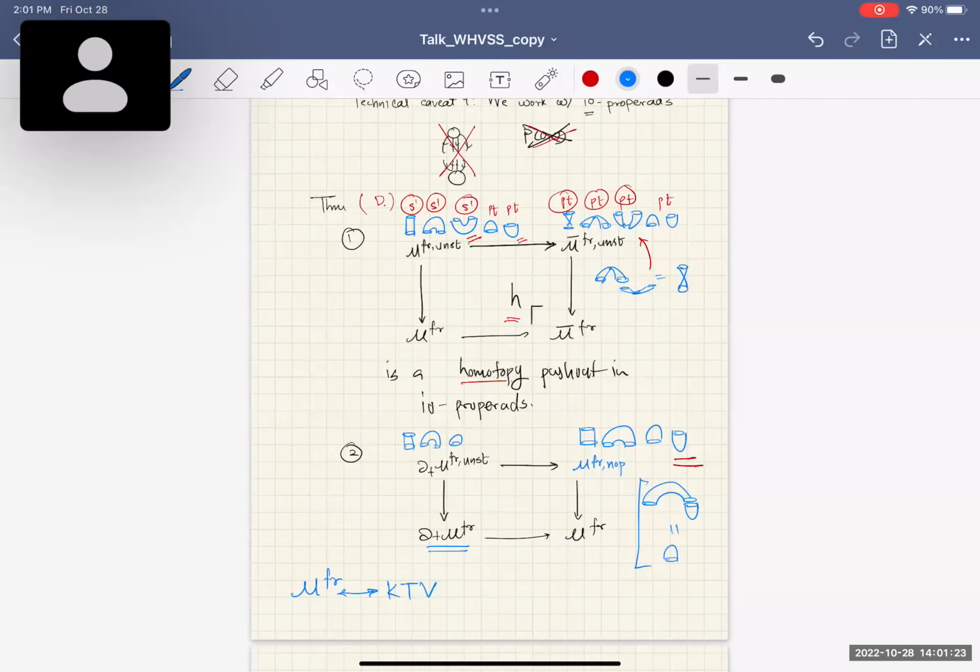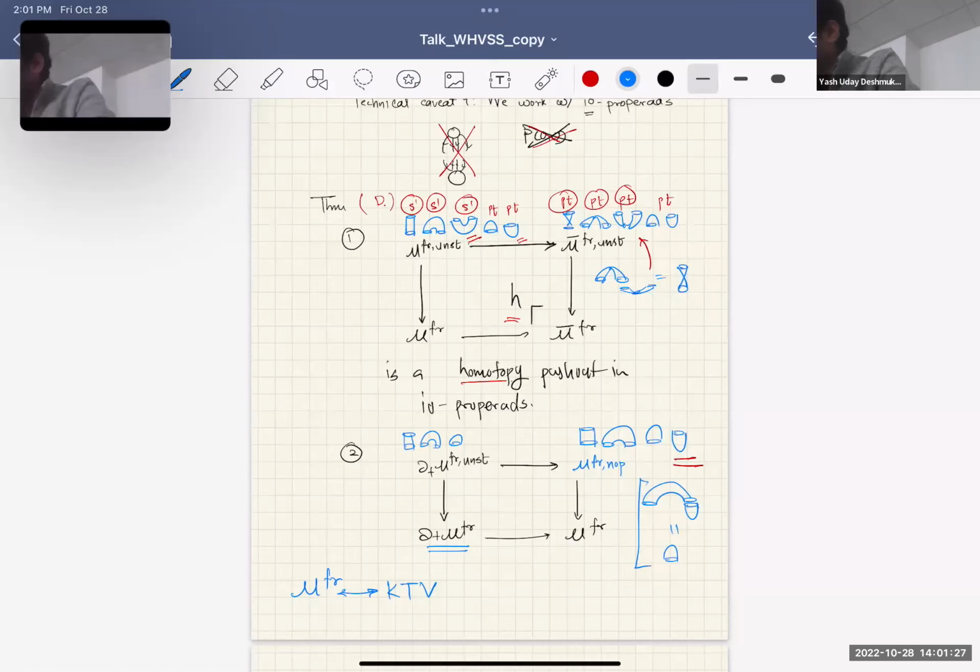That's a very good question, and I don't have a good answer for it. I'm not sure what the correct structure to look at is, whether properad is a good structure, because there's this problem of composition in properads along several inputs and several outputs.